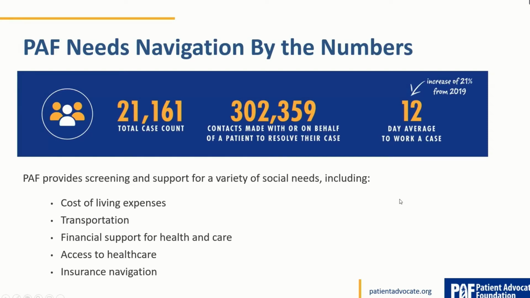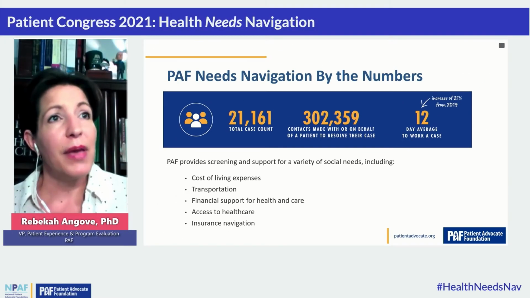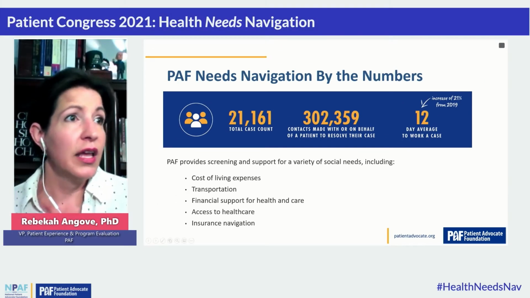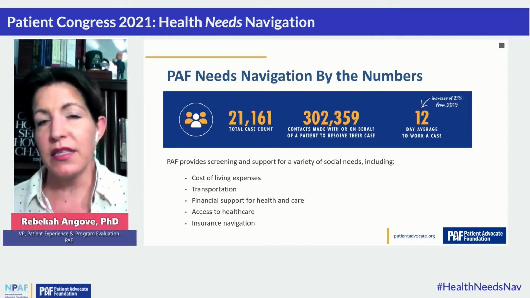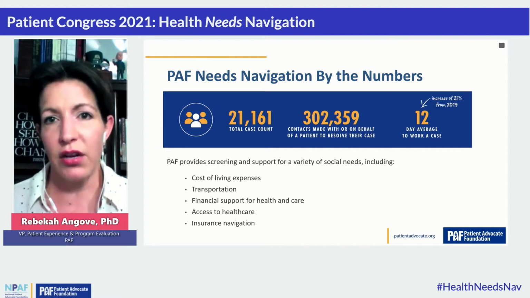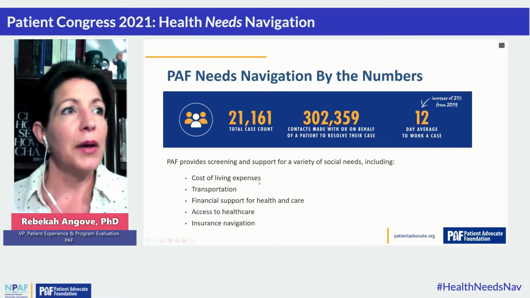So, just to briefly talk about PAF: we work with about 21,000 patients every year, and we provide screening and support for a variety of social needs. This is similar to what other social needs navigators are doing.